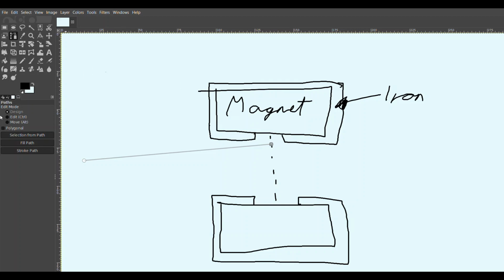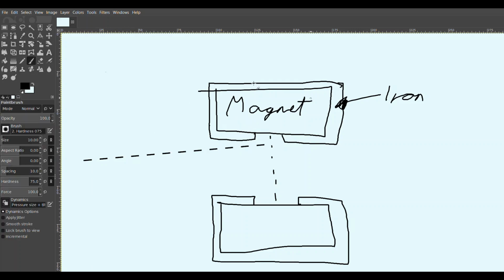Okay, so stroke paths, stroke. Oh no, I don't like that. Not pattern. Why is it always unpatterned? It's not a pattern I want. Stroke. So this is done. So let's say just a little mark here.